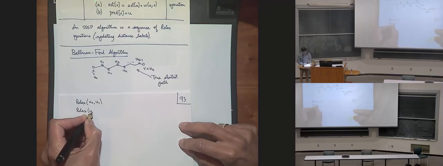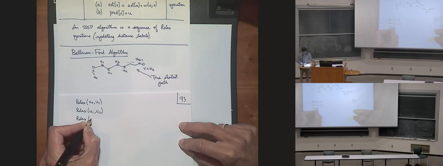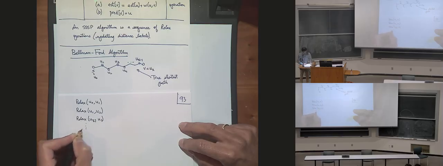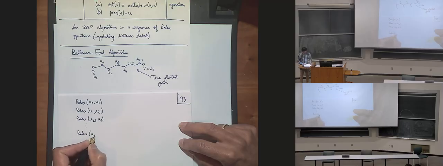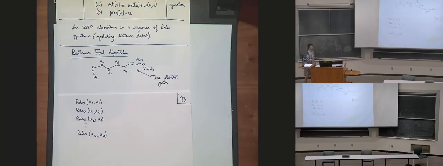Then I do relax U1, U2, relax U2, U3, so on and so forth, until I do relax U(K-1), UK. So I did this in this order. I relaxed on the first edge, then the second, then the third, so on and so forth.